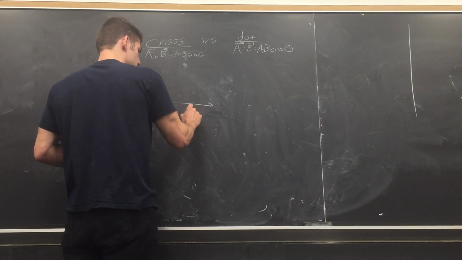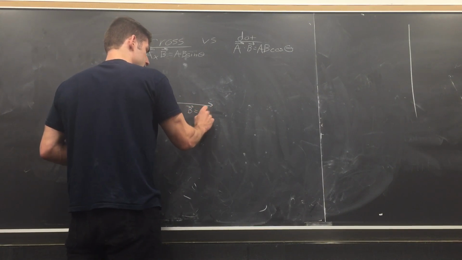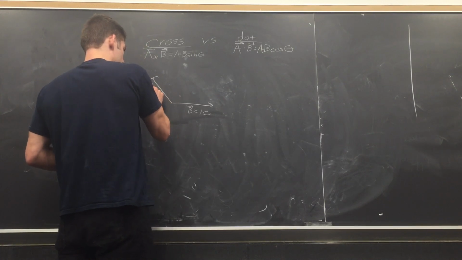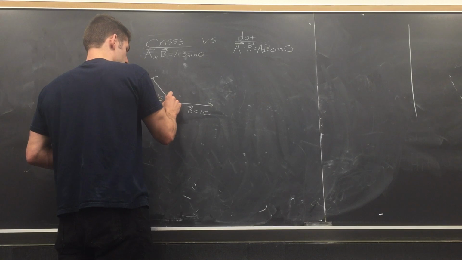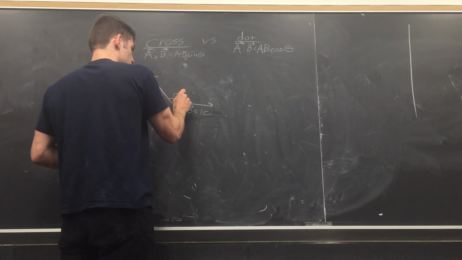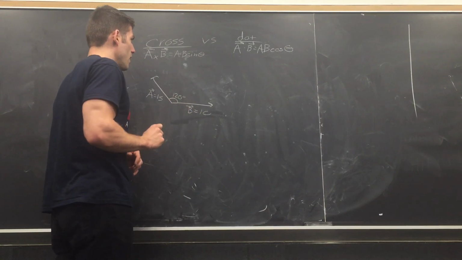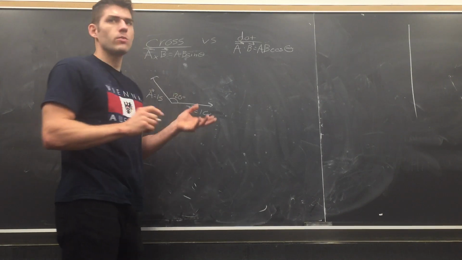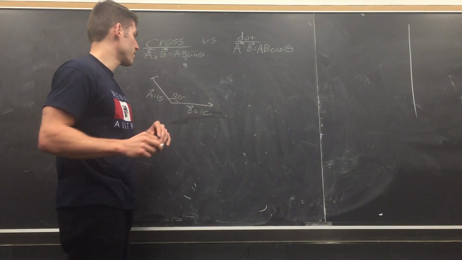So let's say this is B, and it's 10, and A is 15. And the angle here is 120 degrees. The easy way of doing this is to plug it into the formula.